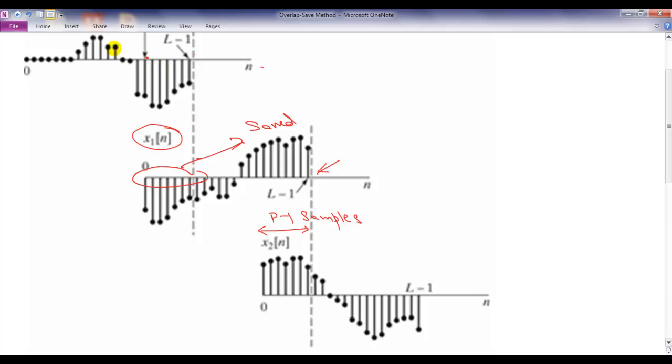Now, the idea in overlap save is that after you get these blocks, you do circular convolution with these blocks rather than linear convolution.